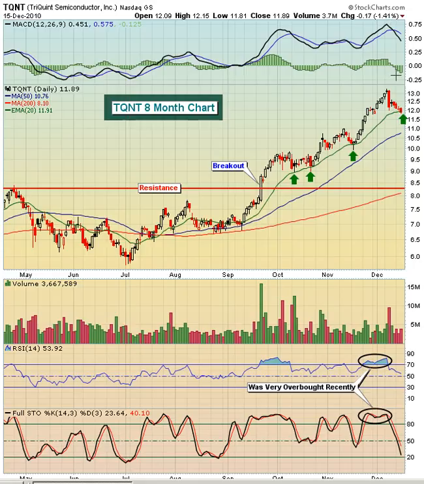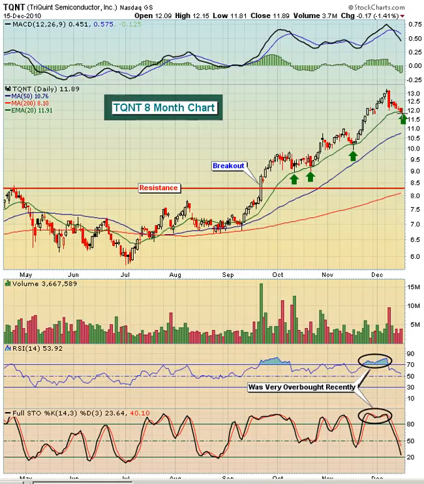So I'm expecting TQNT to bounce from this level. I think to the upside, a move back up to 13.10 is what I would look for. That would represent about a 10% move to the upside. I'd keep a fairly tight stop. If we close much below about 11.80, 11.85 or so, that might be a hint to move to the sidelines.